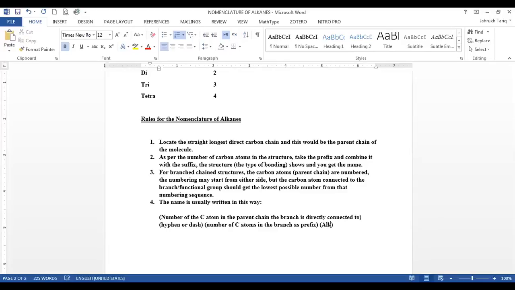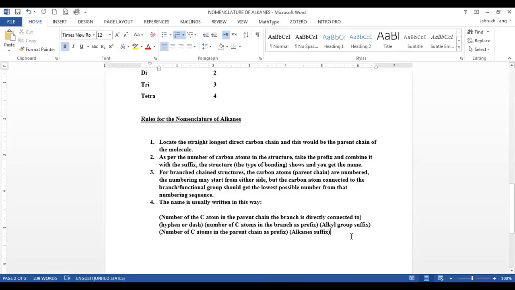Alkyl group suffix is followed after. Then comes the number of carbon atoms in the parent chain as prefix. And finally, the last part of the name is the alkane's suffix. Okay? So that's how you write a name.